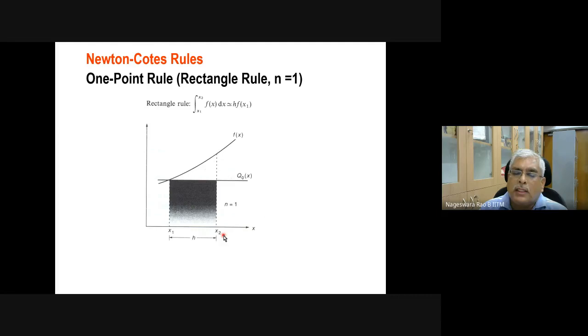The integral from x1 to x2 of f(x) dx is nothing but the area enclosed by that curve and the x-axis between the 2 points, x1 and x2.